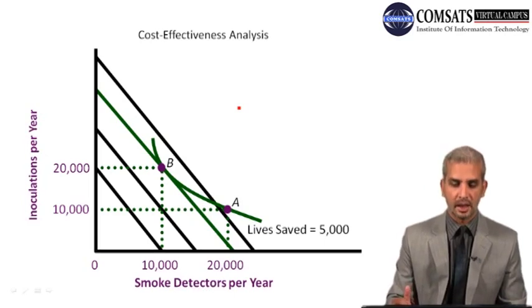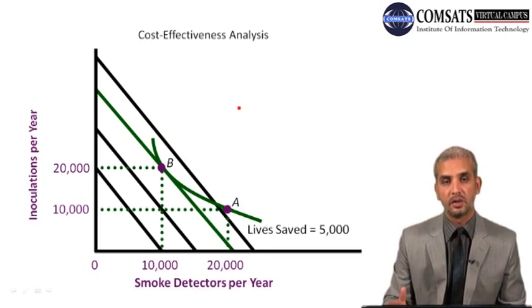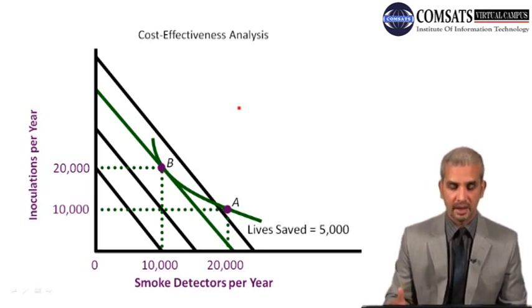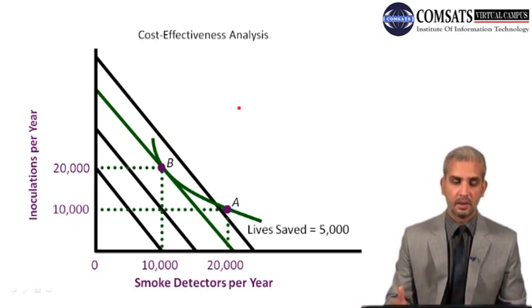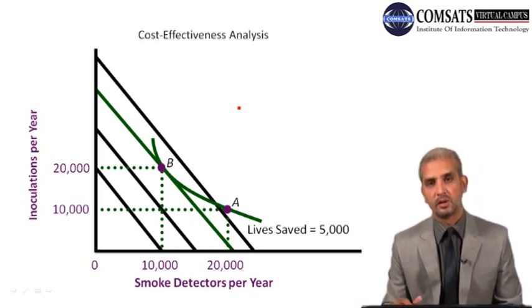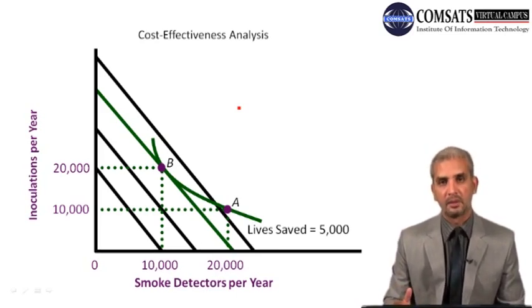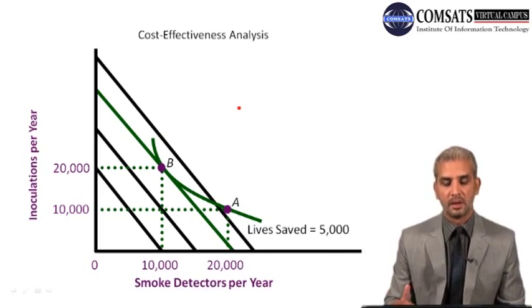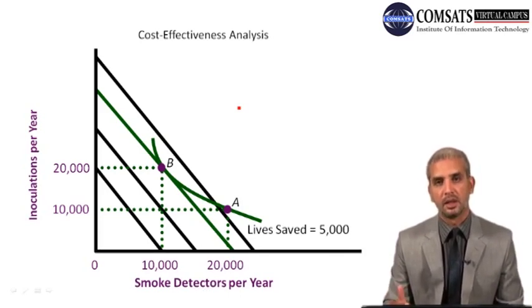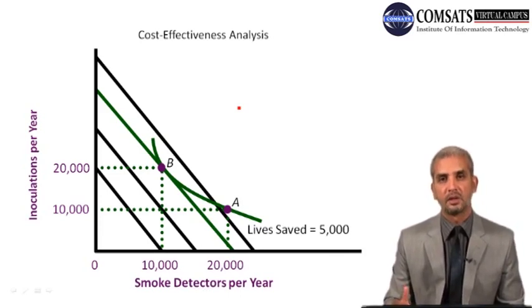Now taking it to this graph that is being shown on the screen, on the x-axis there are smoke detectors per year, and there are two sorts of proposals by different government agencies. Maybe the fire protection department is proposing that we install a certain amount of smoke detectors in all the public places, or public offices, or even at homes.